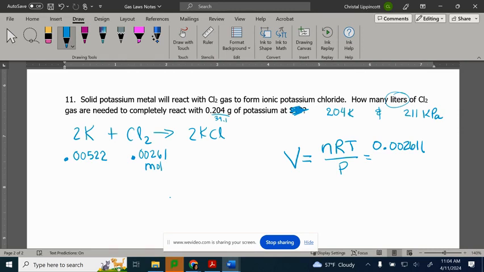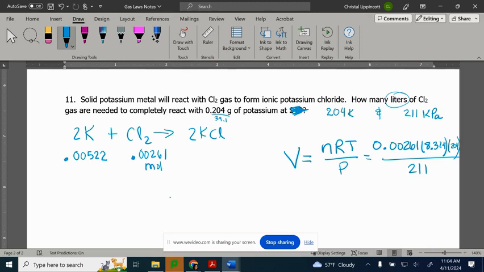My pressure, I said, was in kilopascals, so I need to use the R value for kilopascals. And then I need to use the temperature in Kelvin. And then I'm going to divide by my pressure, which we said was 211.